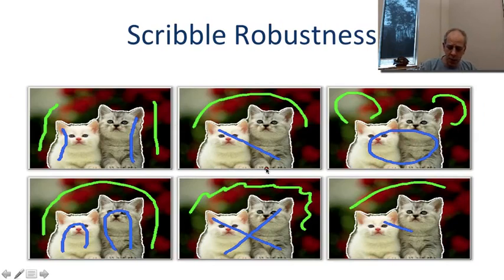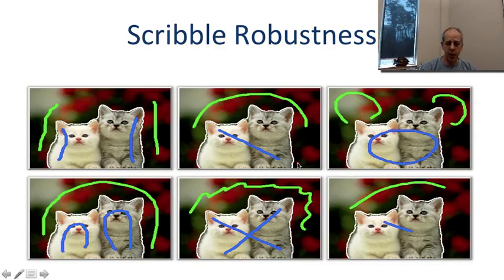So we have the same image and very different foreground scribbles, the blues, and very different background scribbles, the greens, and we see that basically the results are the same. You see the boundary between foreground and background being basically identical in all the images. So we want the user to be very, very friendly with the images and the algorithm not to ask too much of the user.